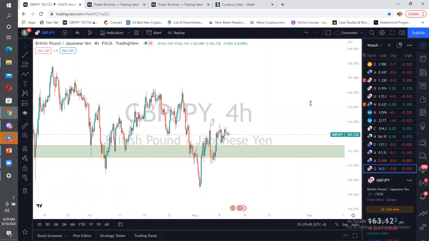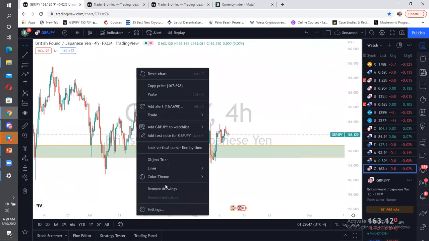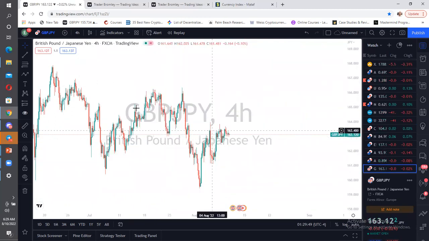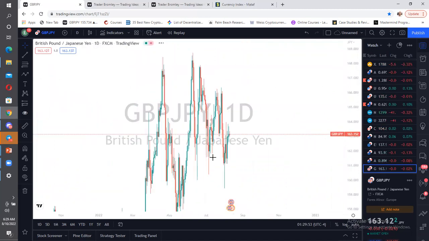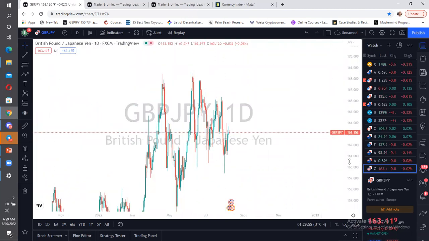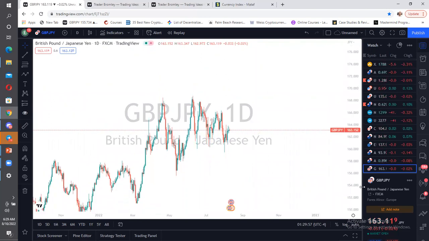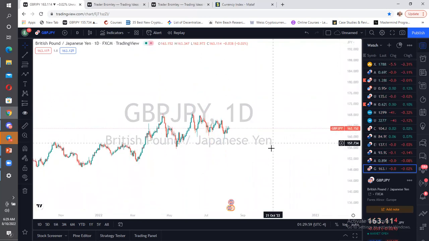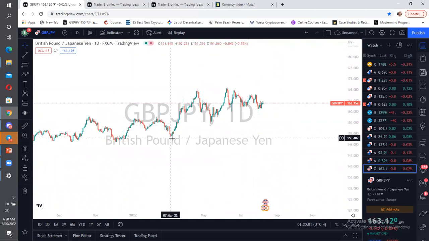And here, we'll take out the whole thing on the chart. Then go to daily time frame, so that we have the history of the chart. Now you can see we'll have this trend line.